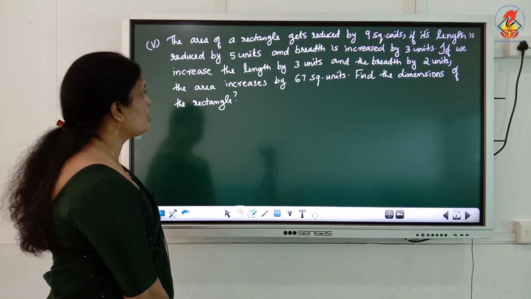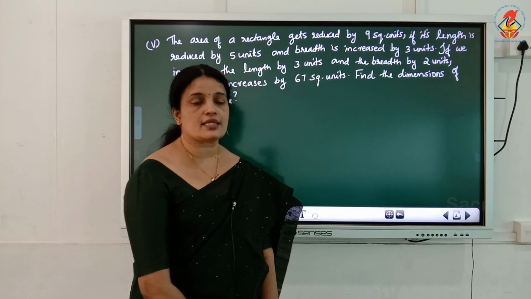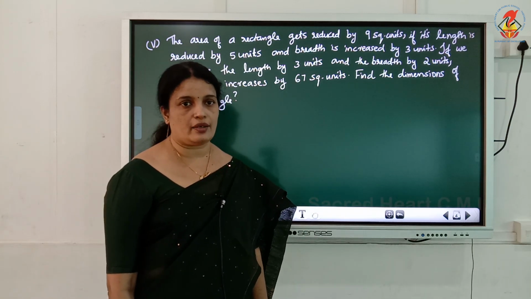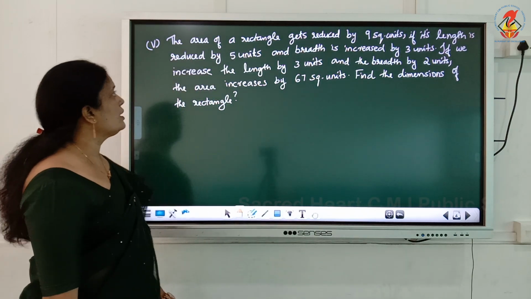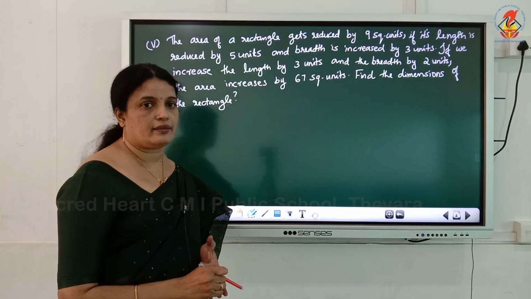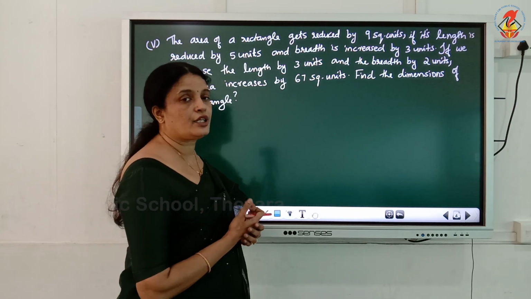First, the area of rectangle. What is the area of a rectangle? When length is equal to x, breadth equal to y, x into y, that is xy. The area of a rectangle gets reduced by 9 square units, xy minus 9. In which condition reduced 9?